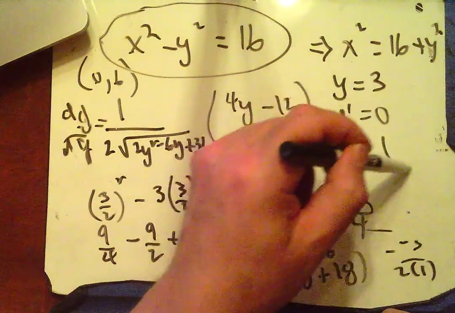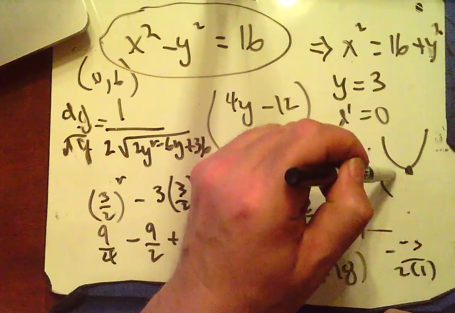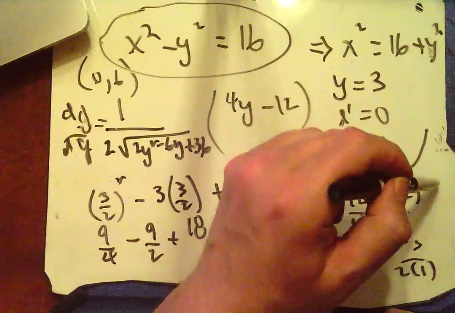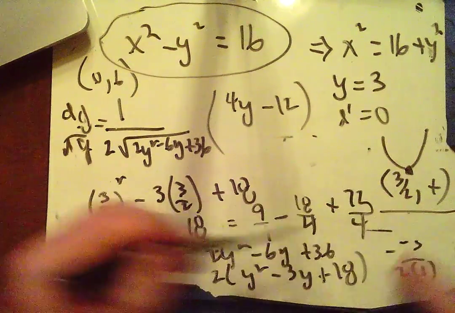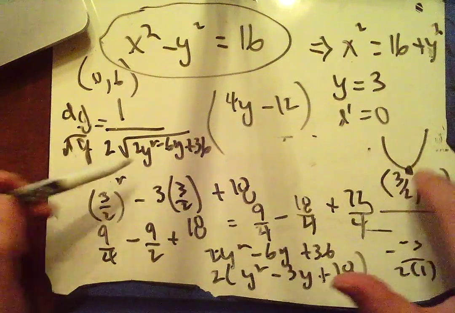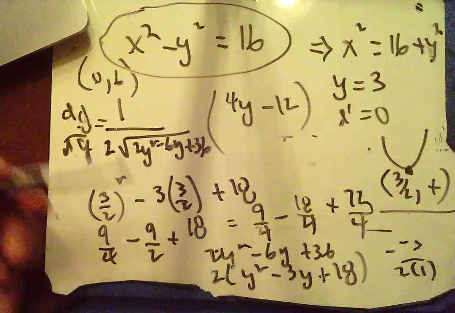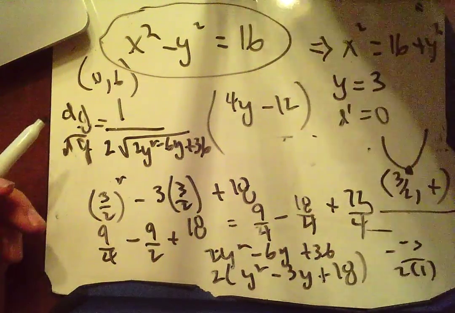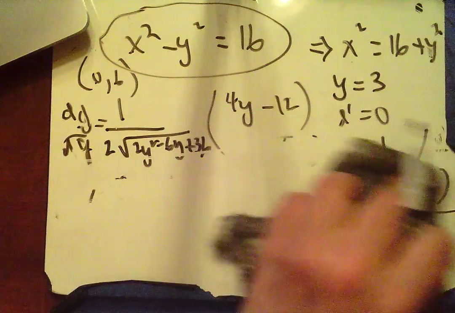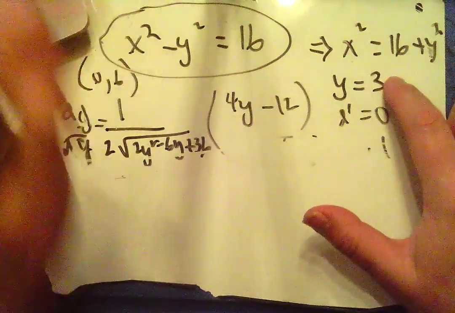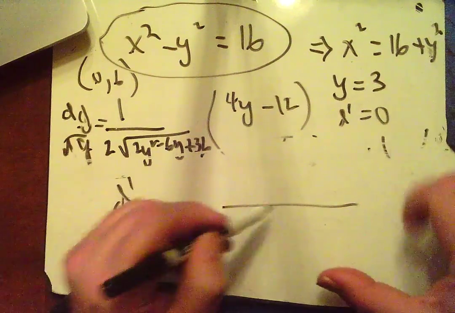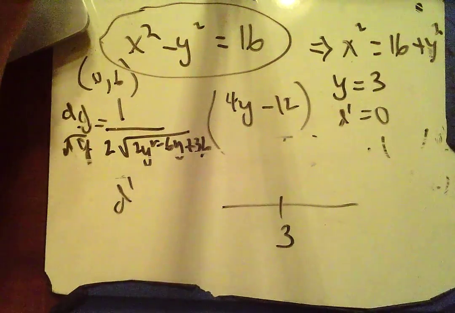And so this vertex of this upturned parabola occurs at 3/2 and some positive number. Therefore, this parabola, the one down here, is never equal to 0, and therefore this derivative is never undefined. So I'm looking at this critical value, d prime of 3.